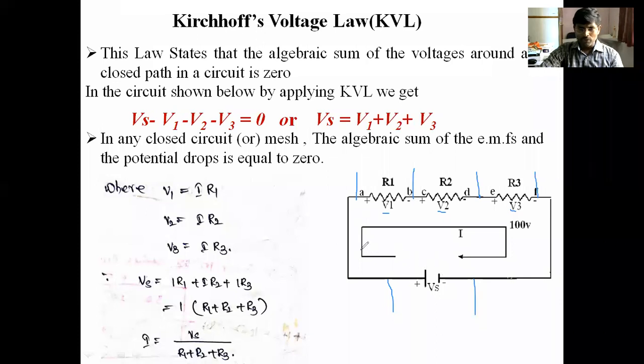Now when current flows through the resistors in this direction, when current flows through R1, some voltage drop V1 takes place.